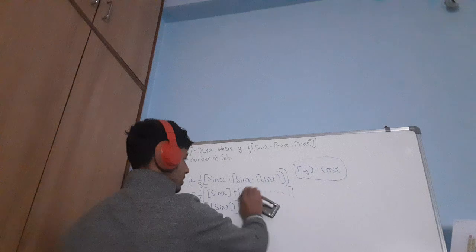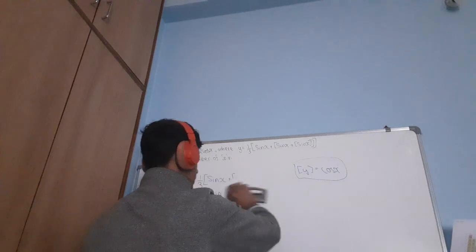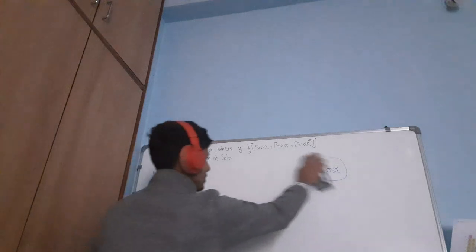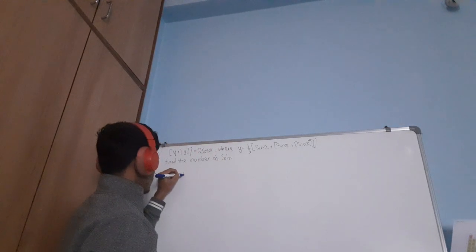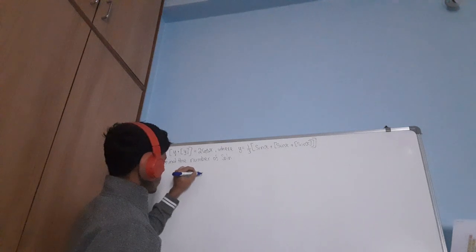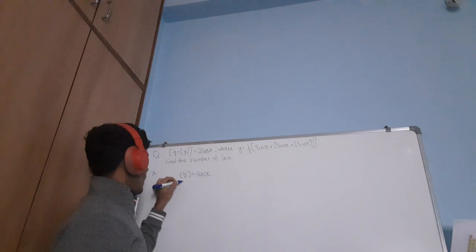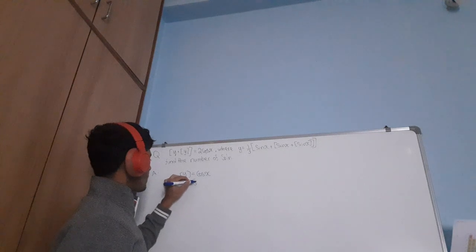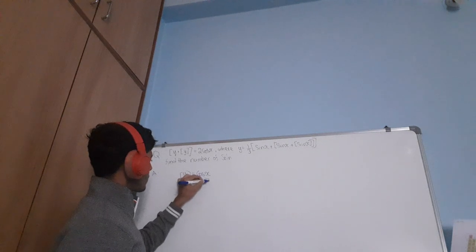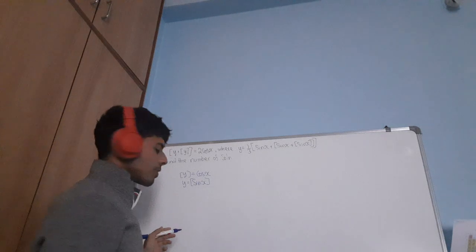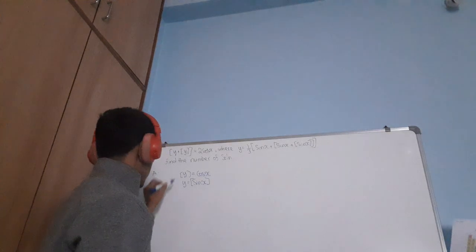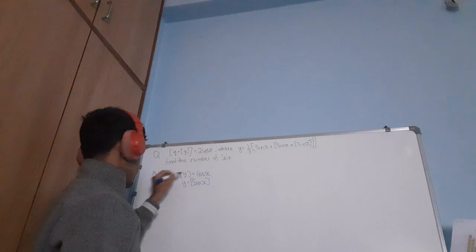So now all we have to do is equate both of them and draw a graph, because sometimes graph is the easiest way of solving something. So what we have is box y is equal to cos x and y is equal to box sine x. So how would you draw the graph of these? Let us start by drawing the first one.